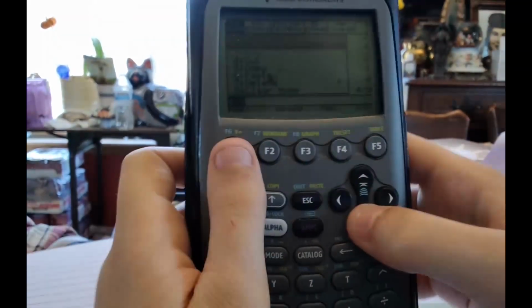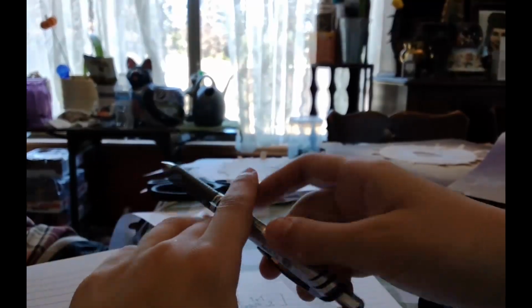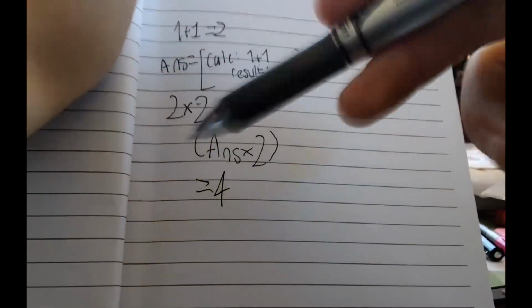And then we can clear home, and in this case ANS equals 4. Now let's try doing something.